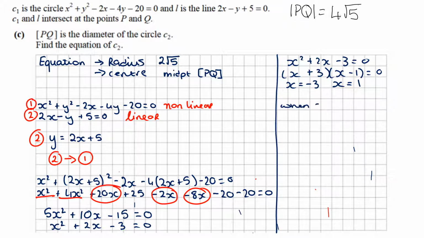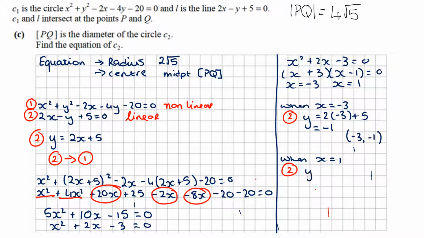So when x equals minus 3, go back to equation 2. y is equal to 2 times minus 3 plus 5, minus 6 plus 5, minus 1. So my point here is (minus 3, minus 1). When x equals 1, going back to that equation, y equals 2 times 1 plus 5, so that's 7. So that's the point (1, 7).